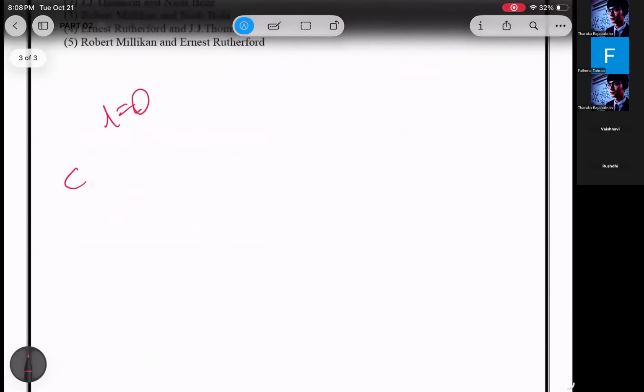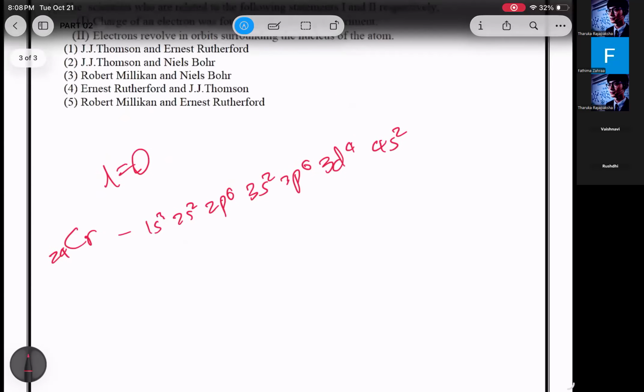Let's write the electronic configuration of chromium. 24: 1s2, 2s2, 2p6, 3s2, 3p6, 3d4, 4s2. I told you we have to rearrange this and write. We have to write here 5 according to the special electronic configuration writing method, and this one should be 1.